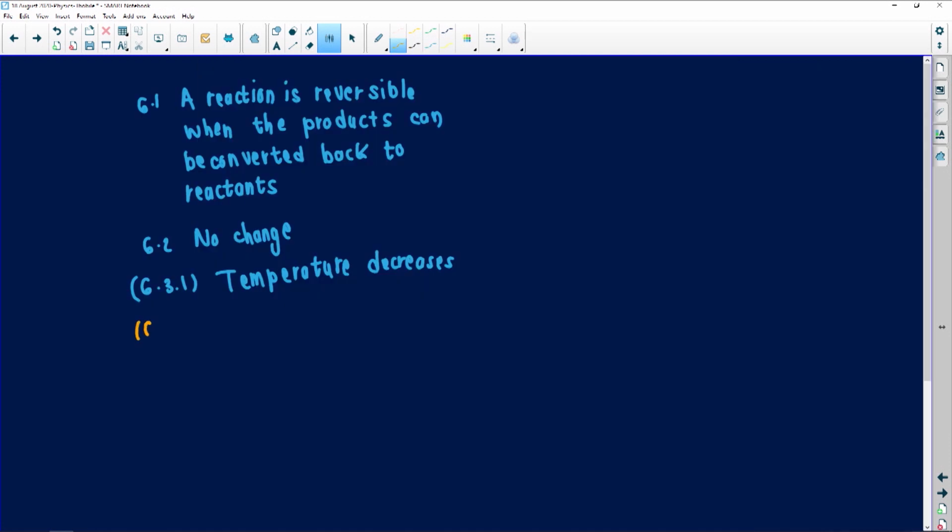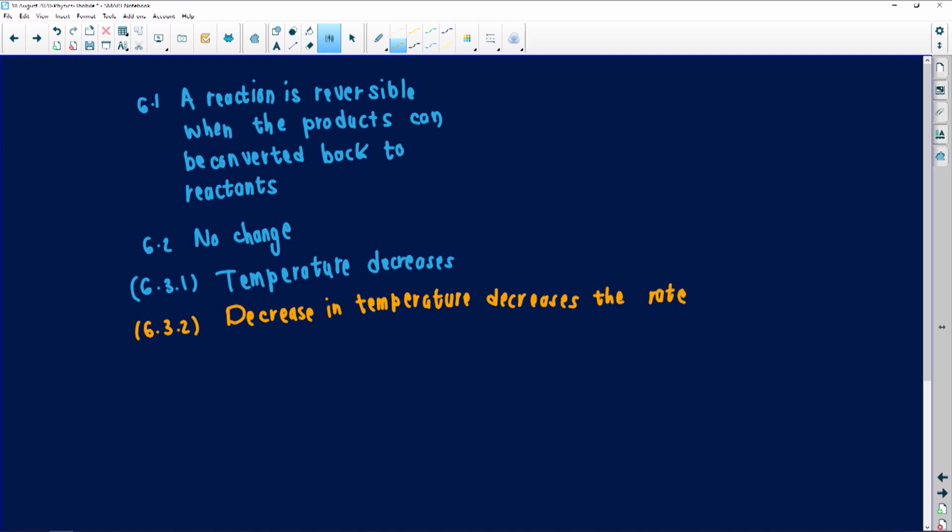So this is 6.3.2. Now remember what Le Chatelier says. A decrease in temperature decreases the rate.